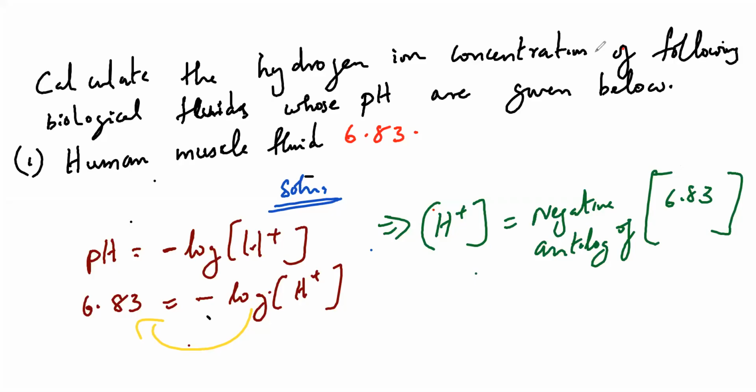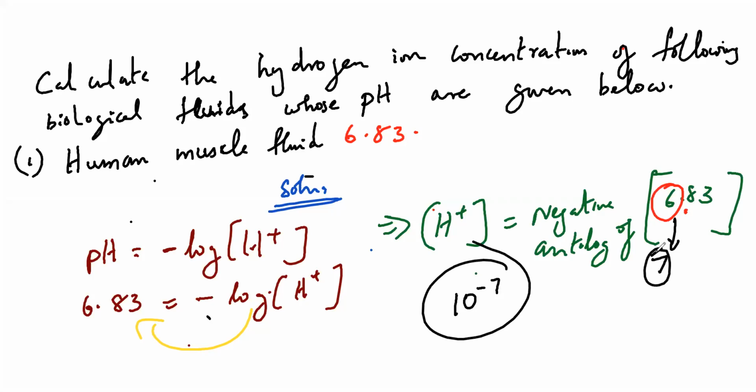So while doing this question, what is the first step of negative antilog? What I told you: this is 6.83, so I make it the power of 10 minus 7. I have to round the 6 to the next value, that is 7.